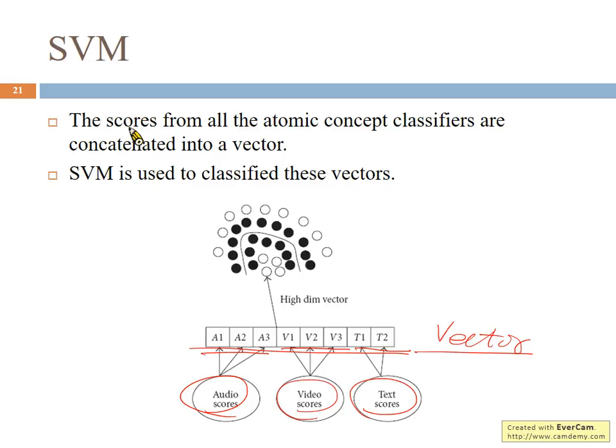So here the scores from all atomic concept classifiers are concatenated into a vector, and SVM is used to classify these vectors.